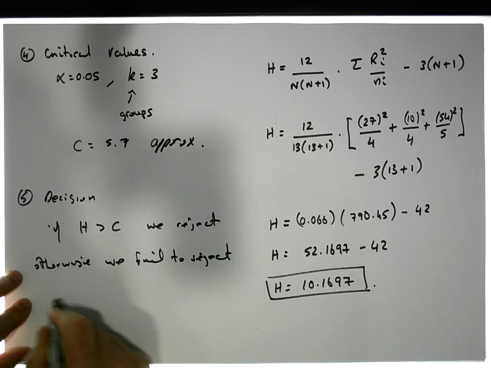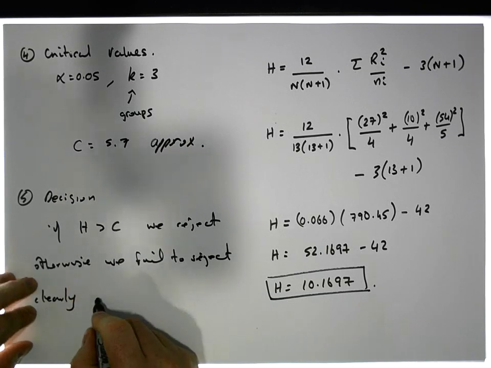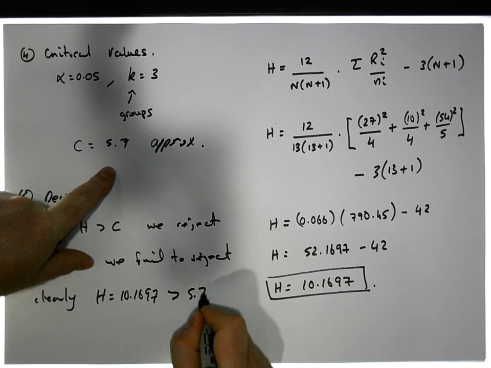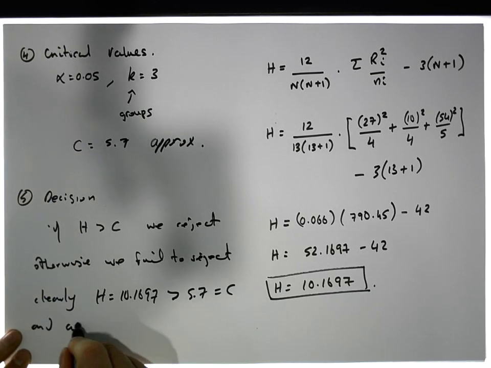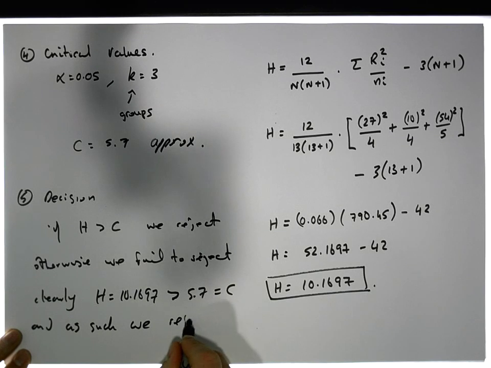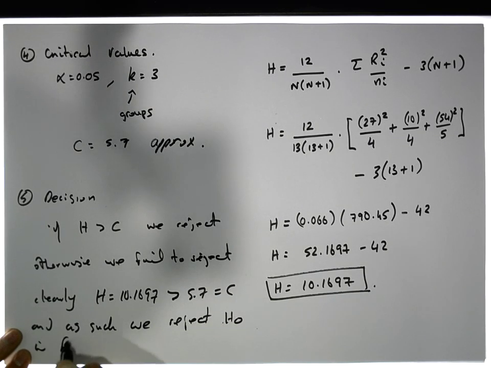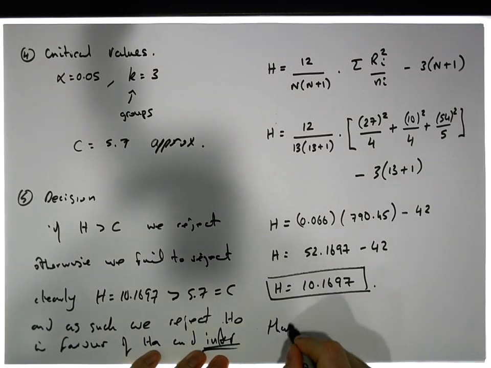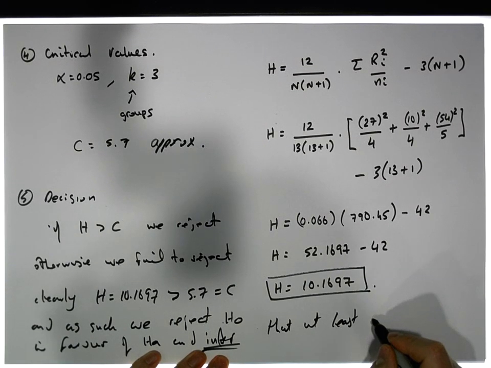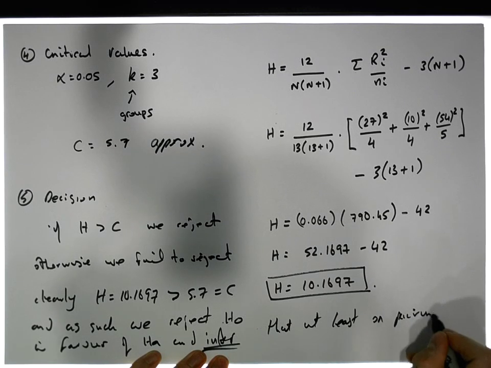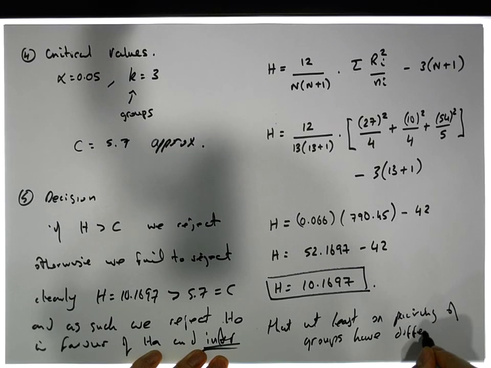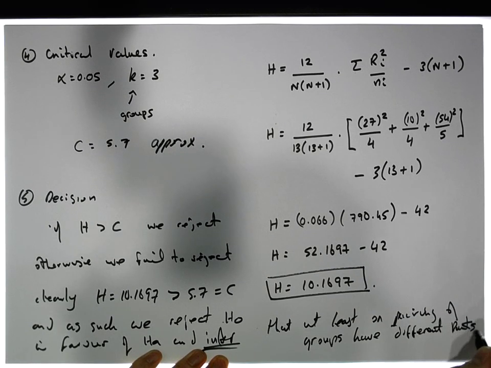Okay, and in this case, clearly we have that H, which is 10.1697, is bigger than 5.7, which is equal to our C, and as such we reject H0 in favor of HA, and now we can make our inference because we rejected, and infer that at least one pairing of groups have different ranks. Okay, so there's a difference between them, if that makes sense.